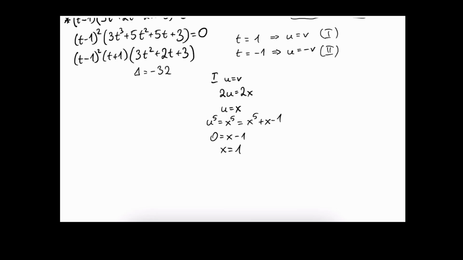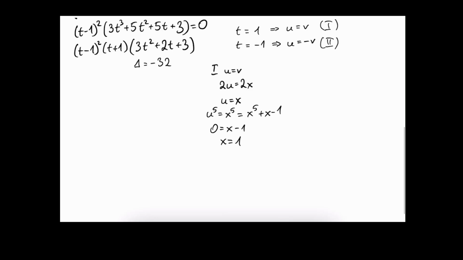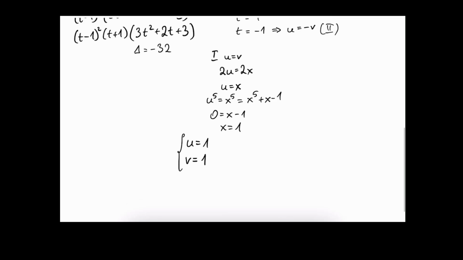And in fact, from this we can see that u will be equal to 1 and v should be equal to x to the 5th minus x plus 1, also 1. Yes, so there is a solution x equals 1.